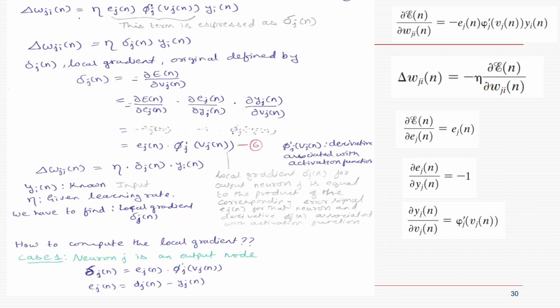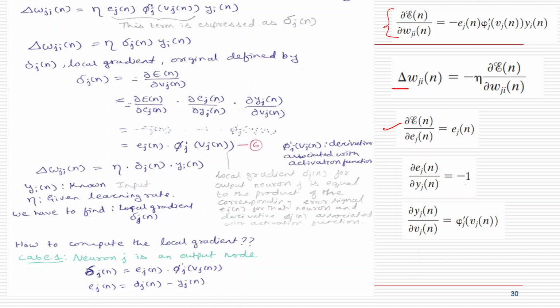Now, just recollecting the derivations from the previous until now, we had differentiation of E of n by differentiation of Ej of n was Ej, differentiation of Ej of n with Yj of n was -1, and differentiation of Yj of n by Vj of n was phi dash j of Vj of n. These are the terms we have.